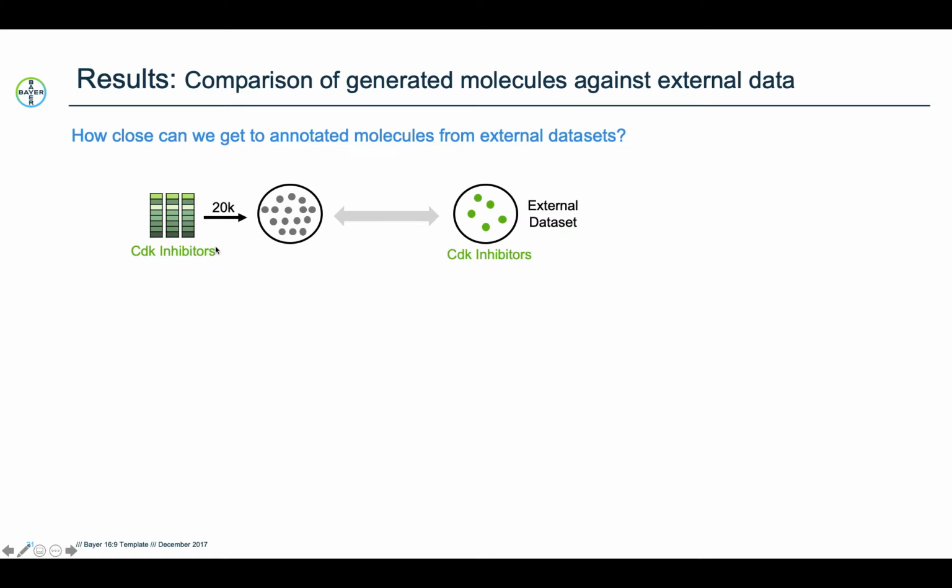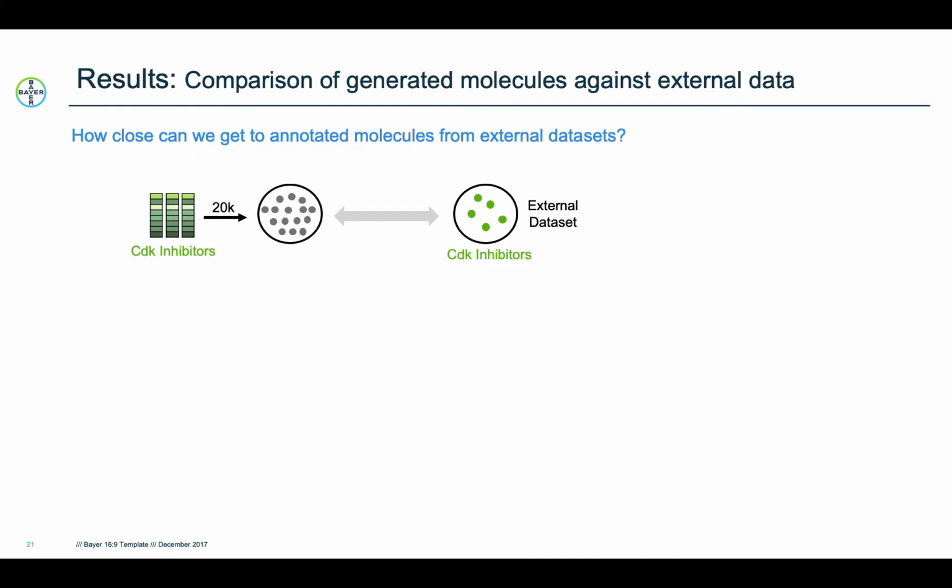Let's say we take all the profiles from CDK inhibitors, generate 20,000 molecules based on those conditions, and then compare the similarity distribution of those generated molecules against known CDK inhibitors that were not in the training set. That means we will need to fetch these inhibitors from an external data set in order to perform the comparison.